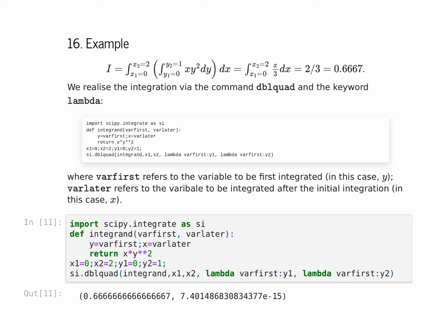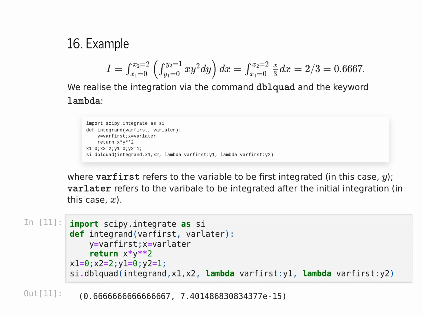So inside the function, we set y equals var first and x equals var later, and it returns x asterisk y asterisk 2. We define the limits. x1 equals 0, x2 equals 2, y1 equals 0, and y2 equals 1.